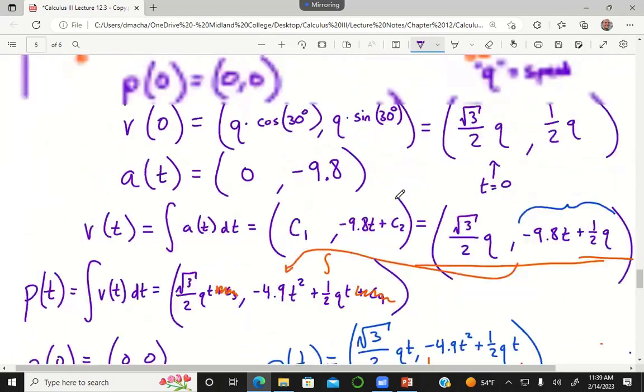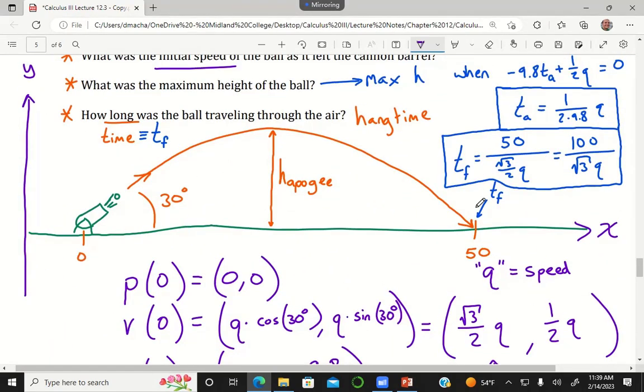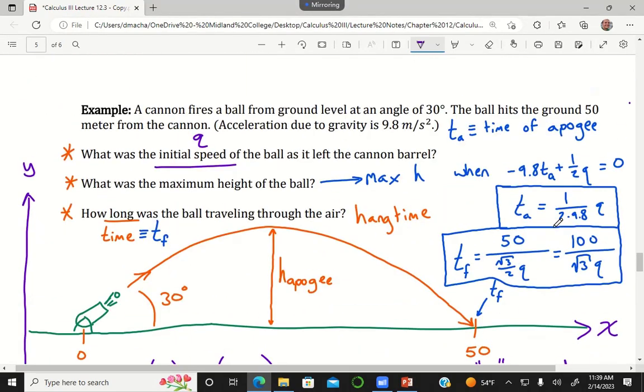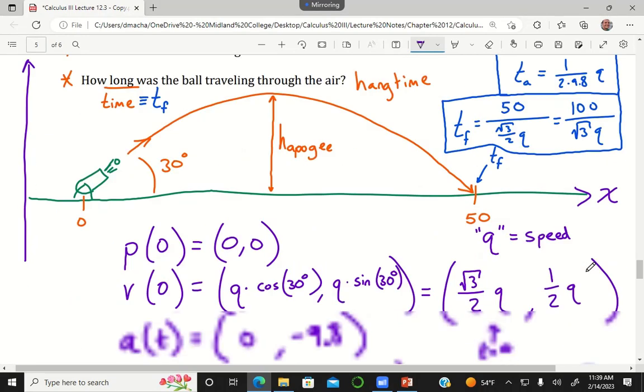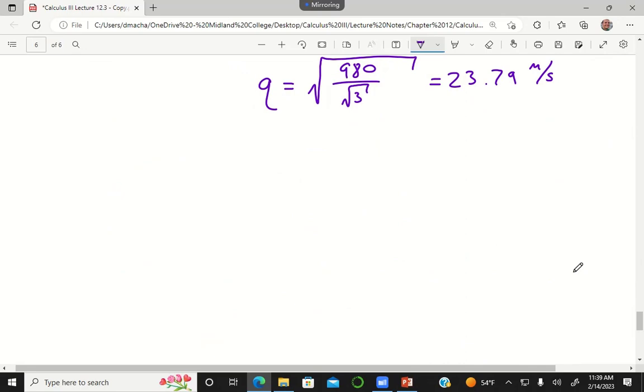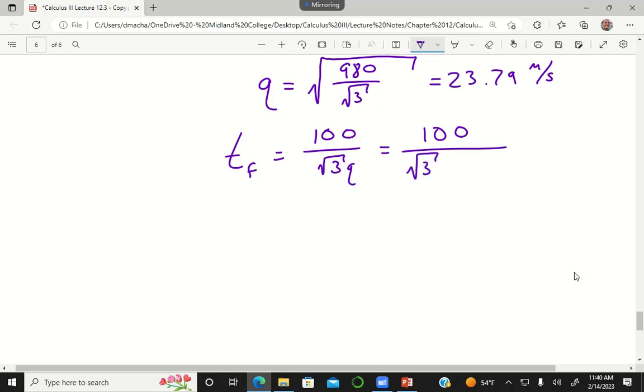I'm trying to think. So let's see what we get for our hang time if I plug in that. So it would be 100 over square root 3 times q. So in your calculator, somebody help me with this.